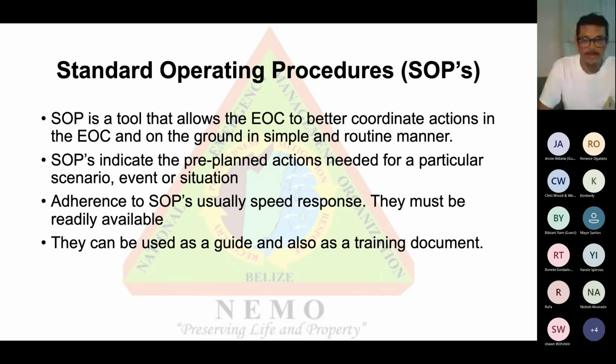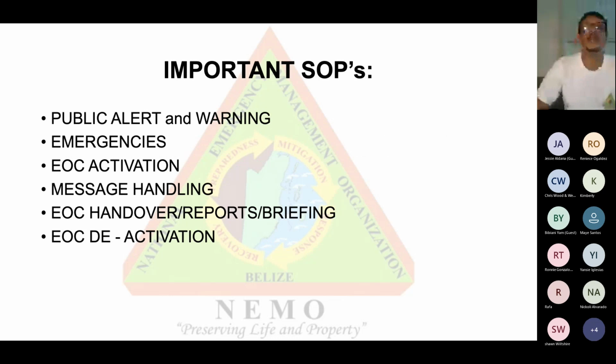Again, here are some very important SOPs that will be extremely beneficial and helpful within the EOC, right? The public alert and warning. There needs to be one for that.